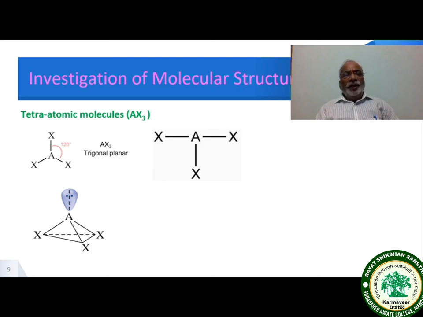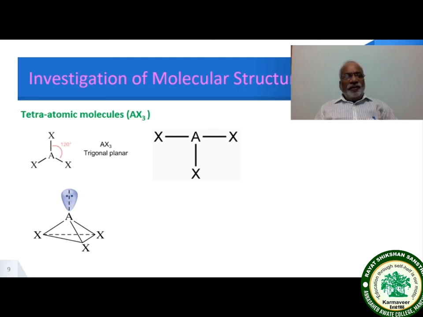So the dipole moment values of these three, if you try to evaluate, you will find those are different. And according to the magnitude it has, whether it is very small or very high, it indicates which structure one could assign for these molecules.